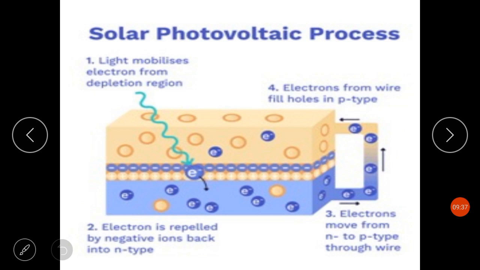Now we connect the P side and the N side with an external wire or circuit, which acts as a back door for electrons. So the electrons that left the P side and came back to the N side made a vacancy here.